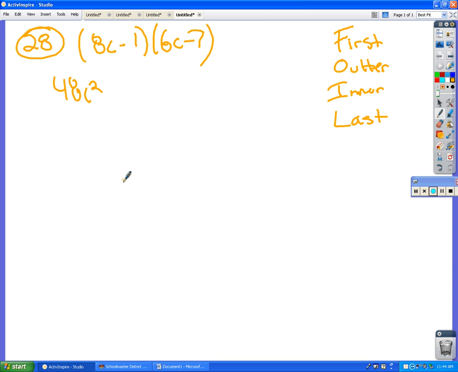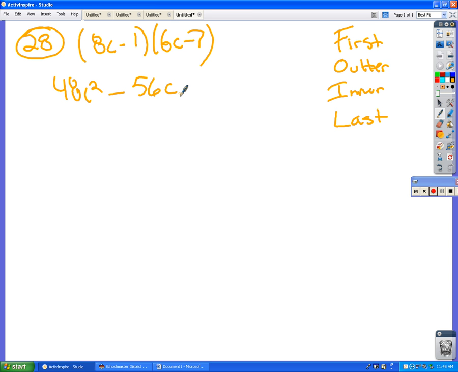Now I'm going to multiply together the ones on the outside. So what are the 2 terms on the outside of this problem? Negative 7, that's important, and 8c. So negative 7 times 8 is negative 56, and then I only have one c, so I just write a c there. So first times first, outside times outside.